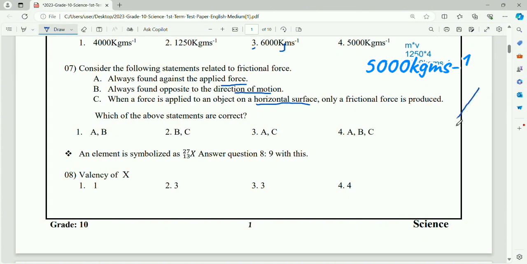What about the inclined plane? Here also there is a frictional force. It works not only on horizontal but on inclined and vertical surfaces, everywhere. Because of that, this statement is wrong. So we can go to A and B, and the first answer is the correct answer.